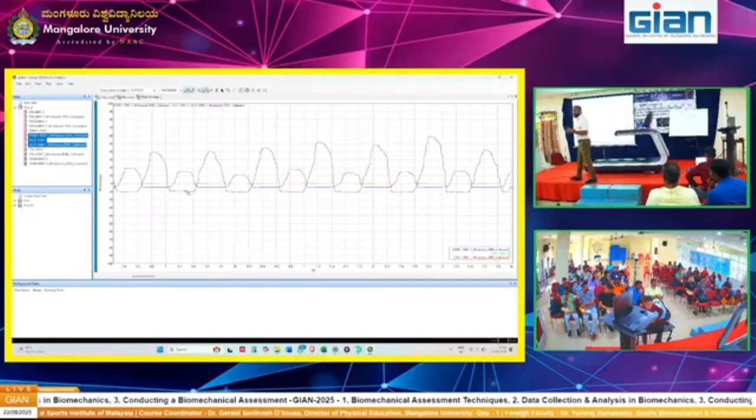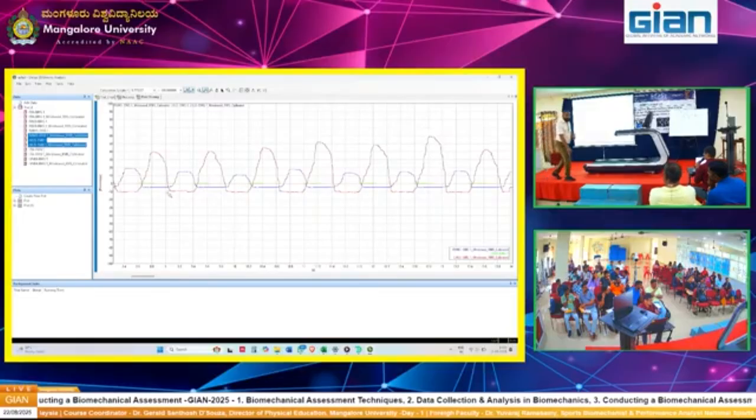Is it firing in the right sequence? This, this, that, this again. The sequence of activation. You will know that if you overlap all these signals. When you overlap all the signals, you know the firing happens in sequence.